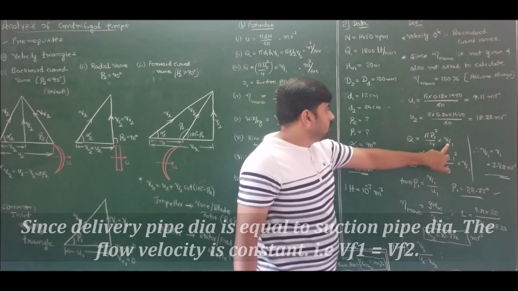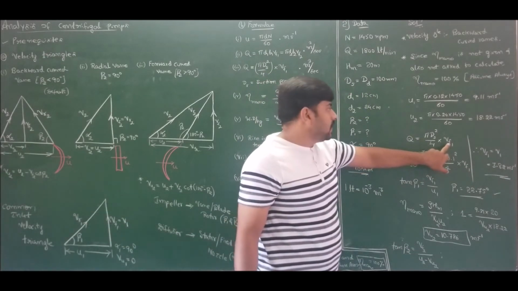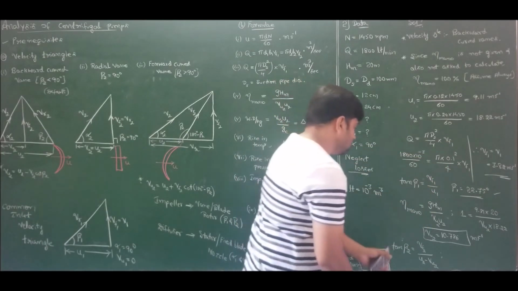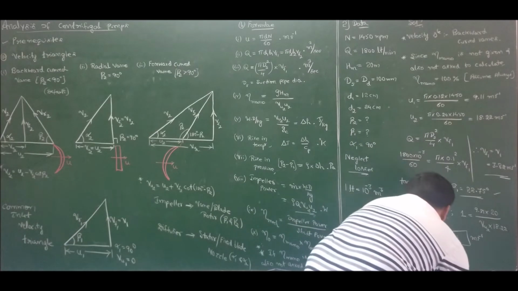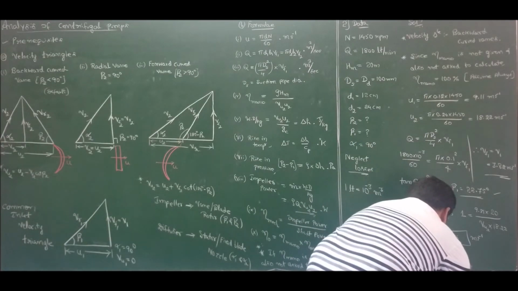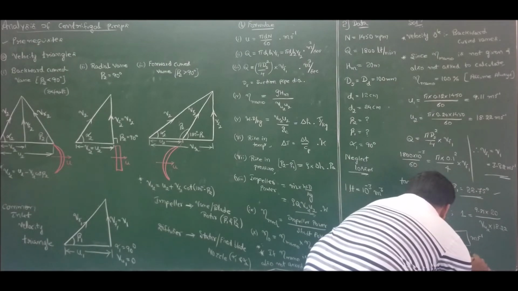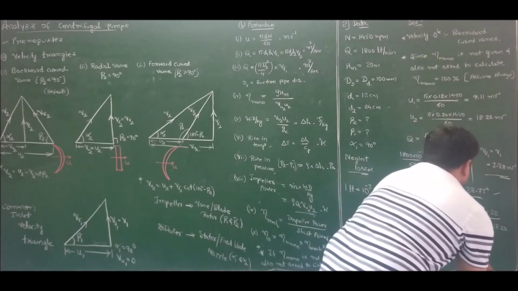So the value of Vf2 is nothing but the value of Vf1. Vf1 is equal to Vf2 for this problem. Hence, if I substitute, beta 2 is equal to tan inverse of Vf2, which is nothing but Vf1 itself.